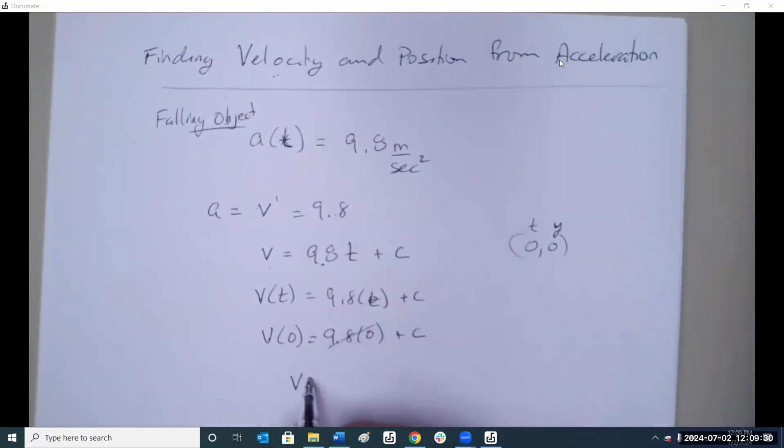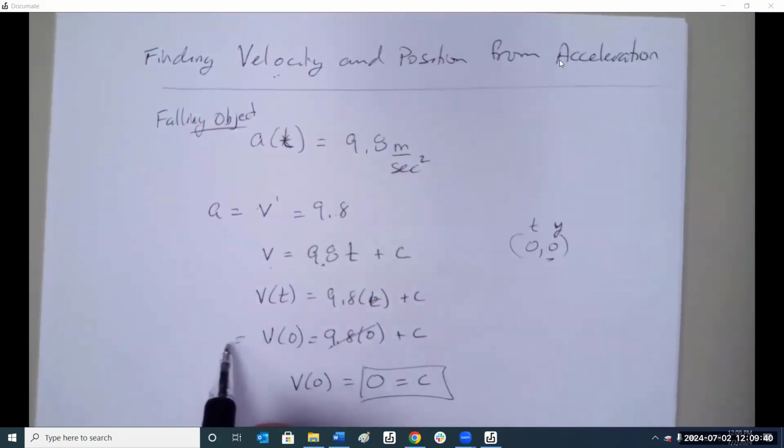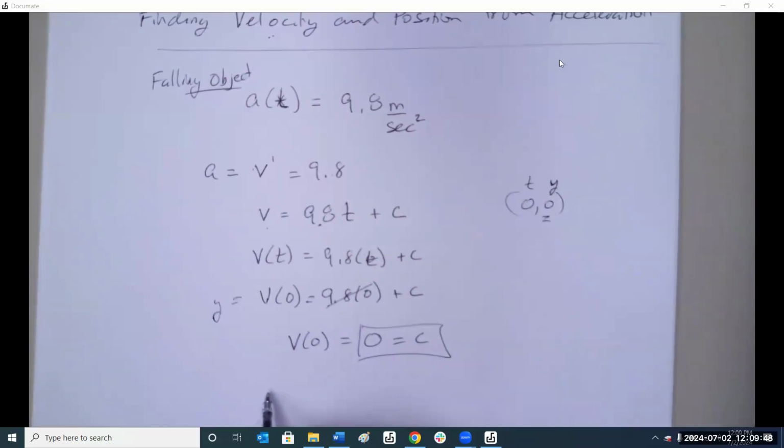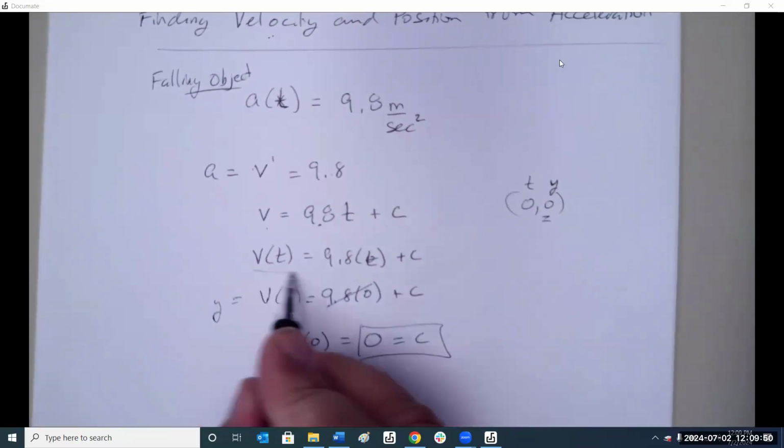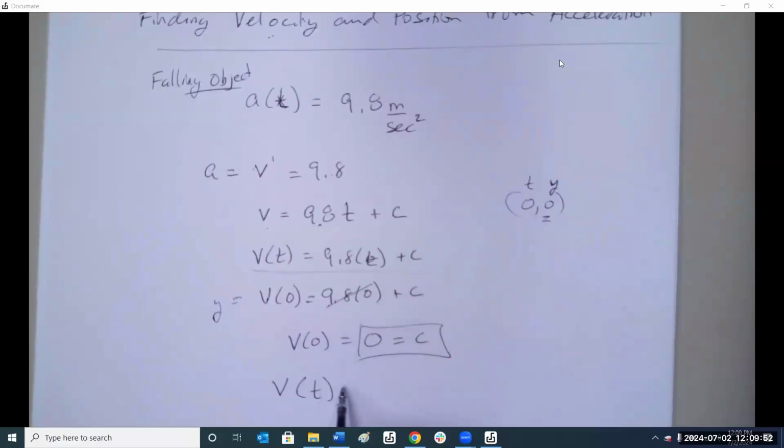So the velocity at 0 is equal to 0. So 0 equals c. Remember, this is my y value. There's my y value. So my equation for my velocity is 9.8t.